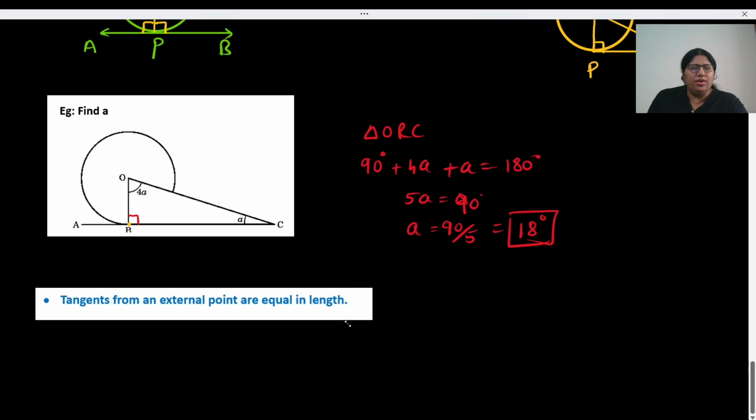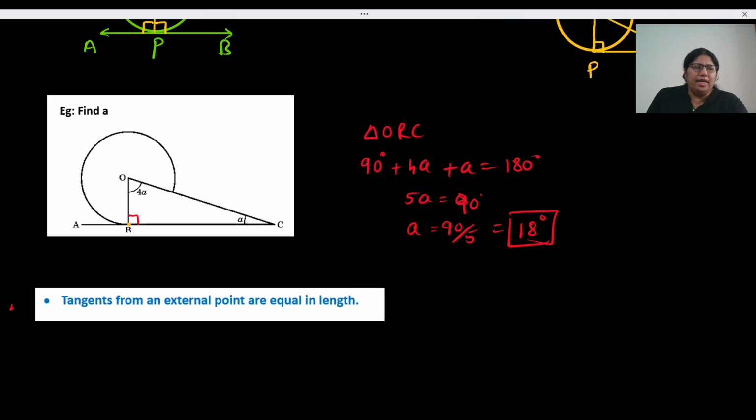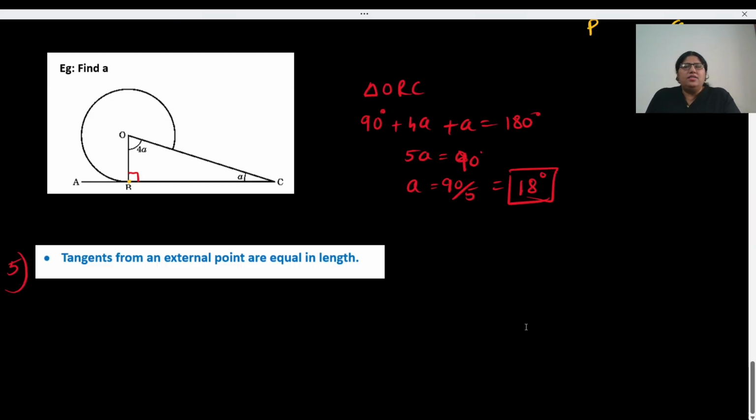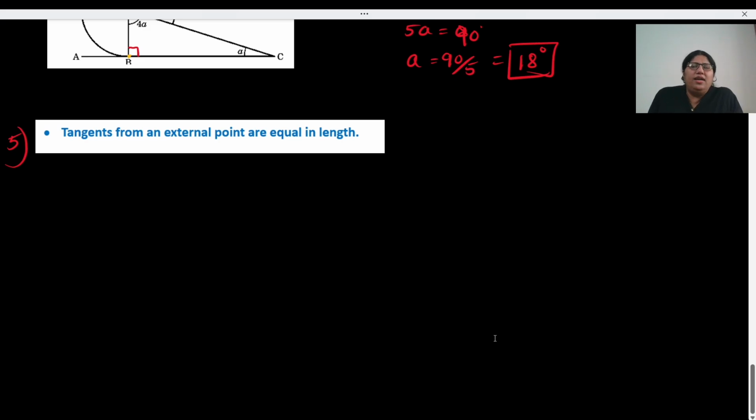This is your theorem number 5, which says that tangents from an external point are equal in length. First thing, you should know how many tangents you can draw from an external point. So if I take a circle, an external point means anywhere outside this circle.